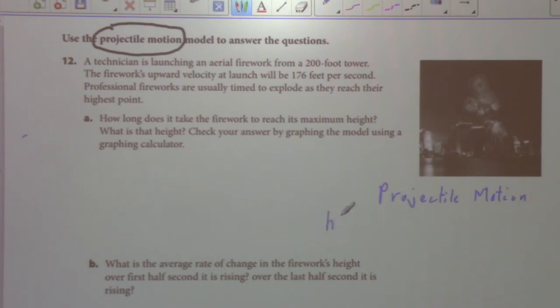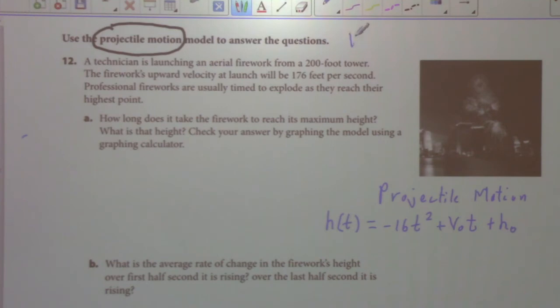We're going to have h of t, height as a function of time, is equal to negative 16 t squared plus v sub 0 t, that's a little subscript 0, plus h sub 0. And we'll talk about what these are.